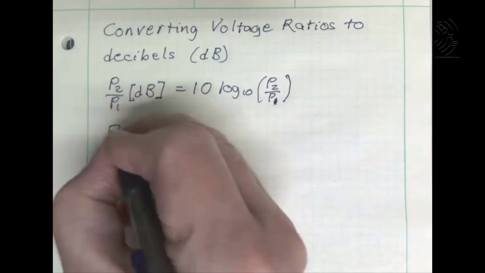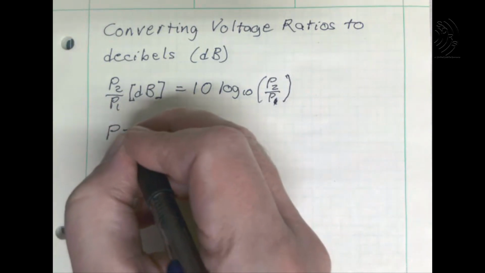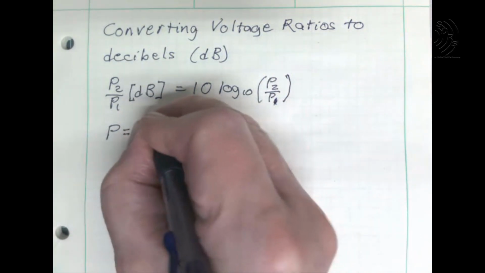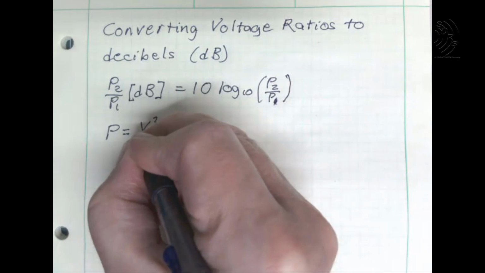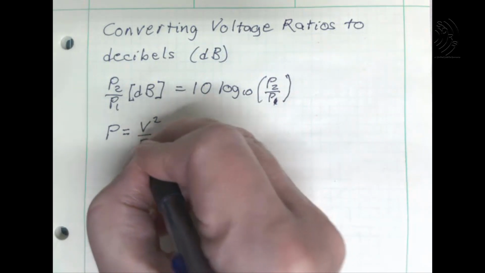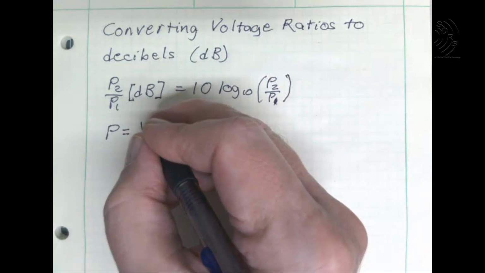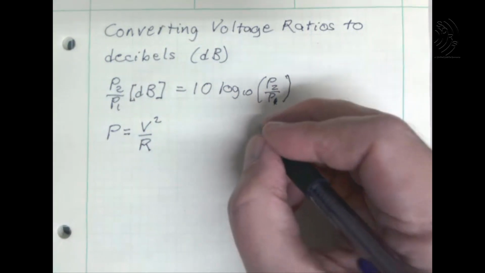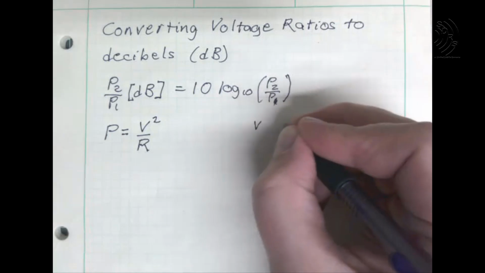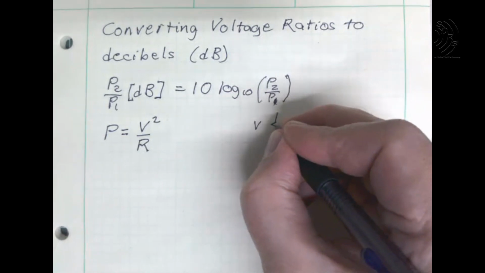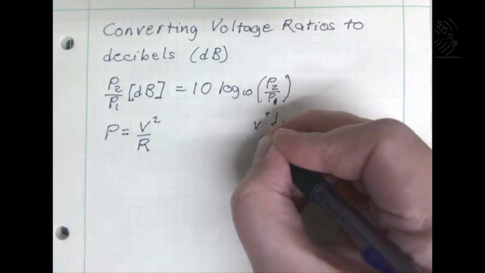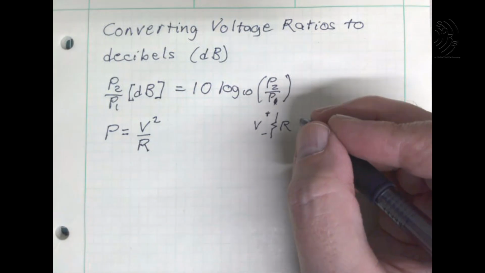And we'll also use this equation that relates voltage to power. So we can express power in terms of voltage and resistance. And in this case, V is voltage across a load resistance. And here's our voltage.